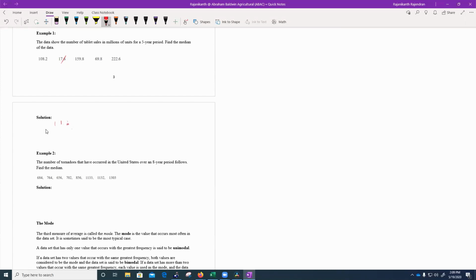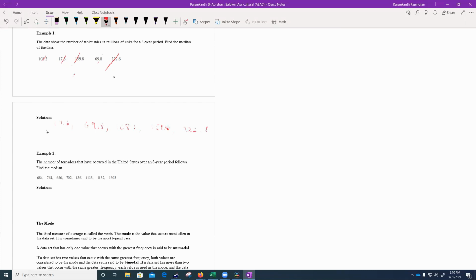The next smallest one is 69.8. The next one is 108.2. And the next one is 159.8. And the last one is 222.6. So I'm arranging in order.